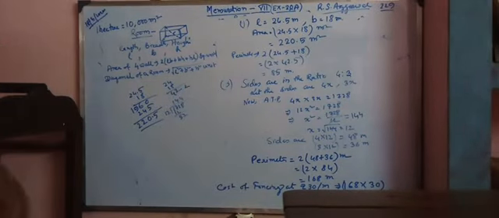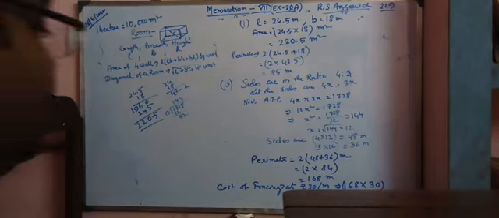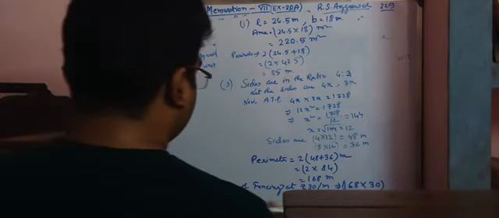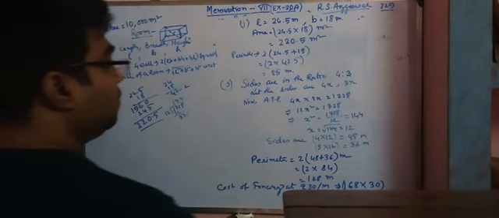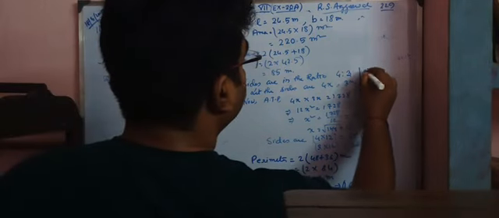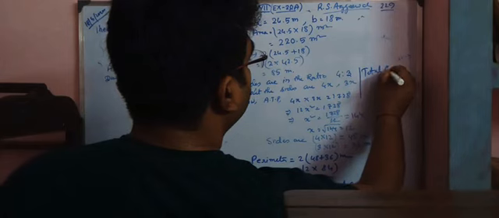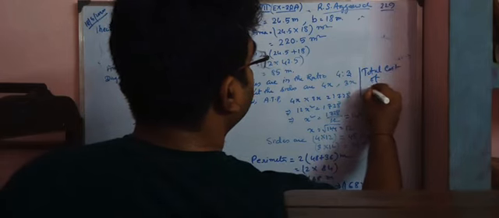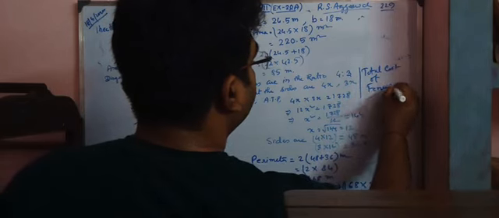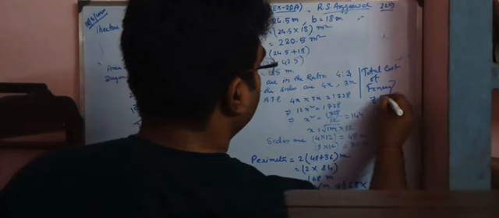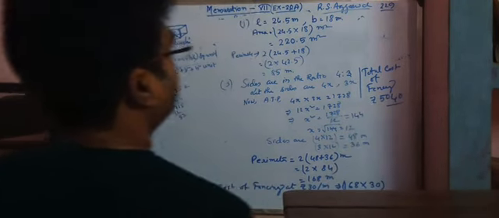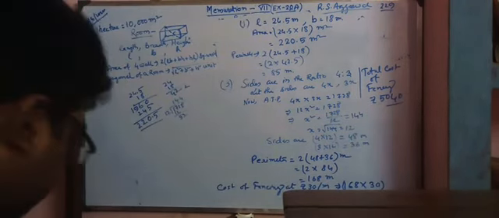This is my required answer. Rupees 5040. Hope you are able to see this. The answer is, the total cost of fencing is rupees 5040. Okay. So that is my answer.